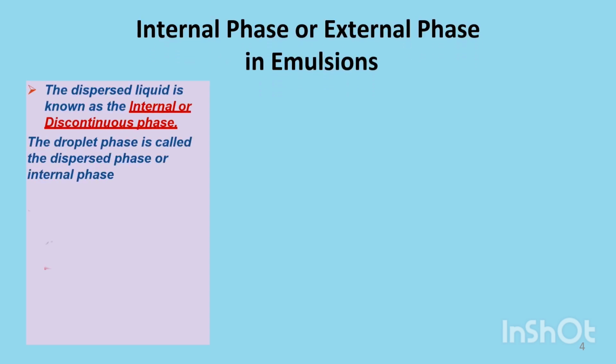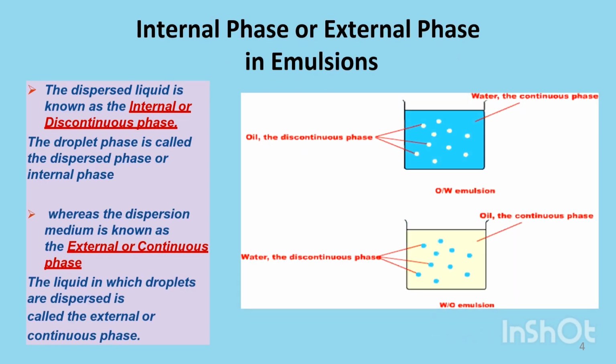We can see it in the picture presented on the screen clearly that which type of liquid used as the internal phase and external phase will determine what type of emulsion we have prepared.